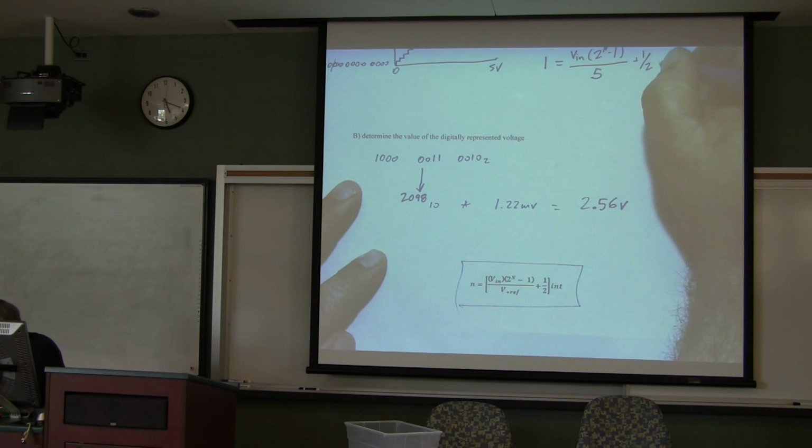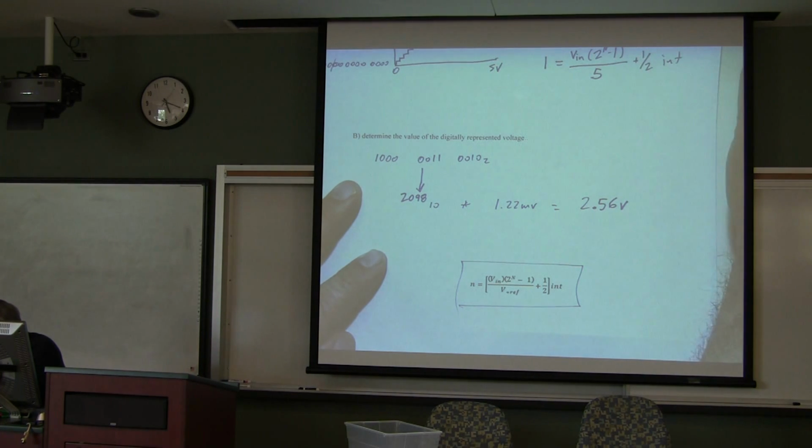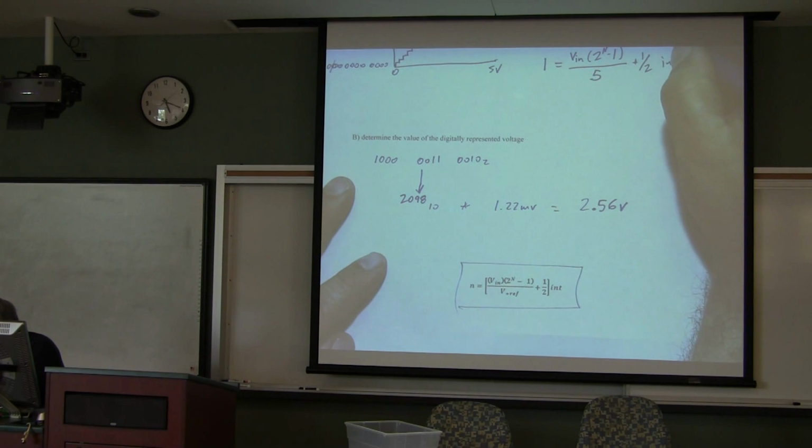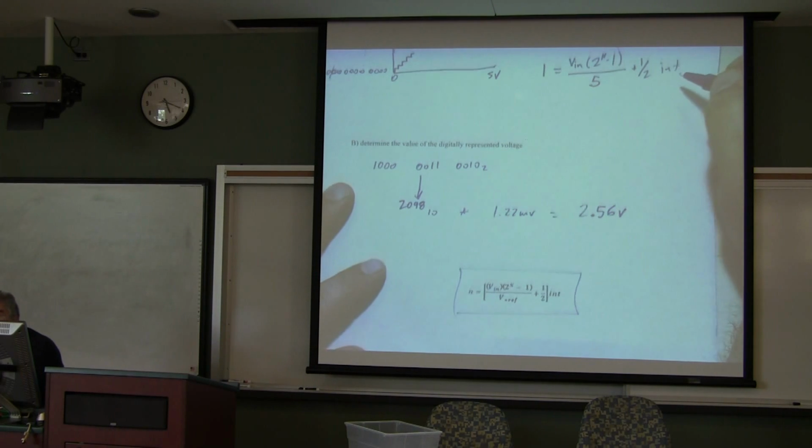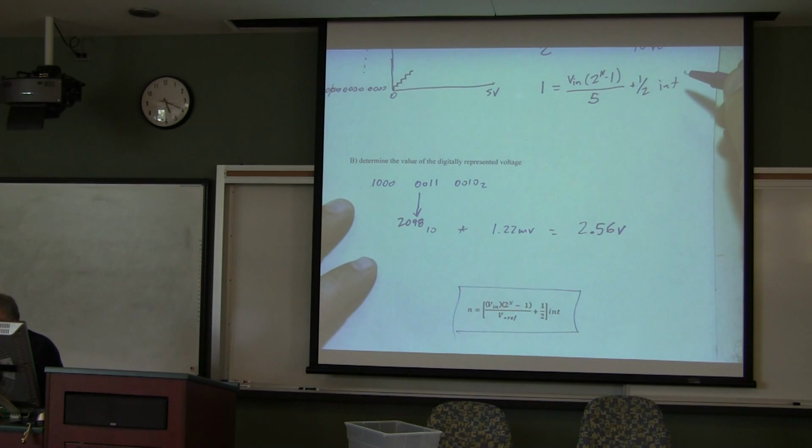Take the integer of that. For all intents and purposes, I'm close. 4095 is what the formula would have come out with, but I would accept both because they're just about the same.